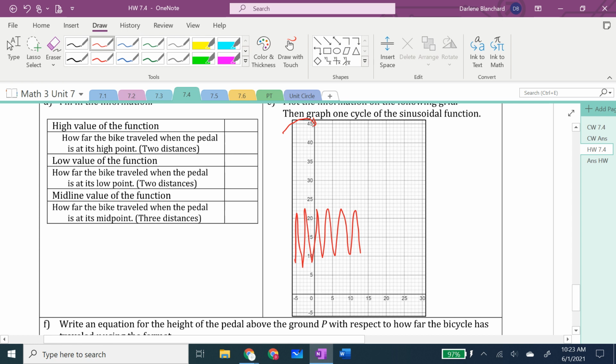That's your distance of the pedal to the pavement. And then this is just a straight shot of distance that you have traveled.